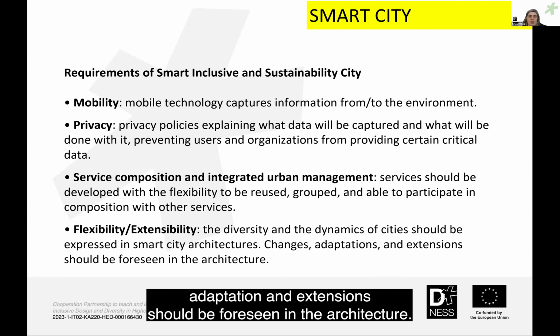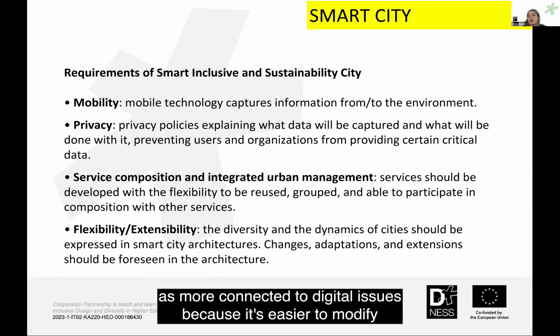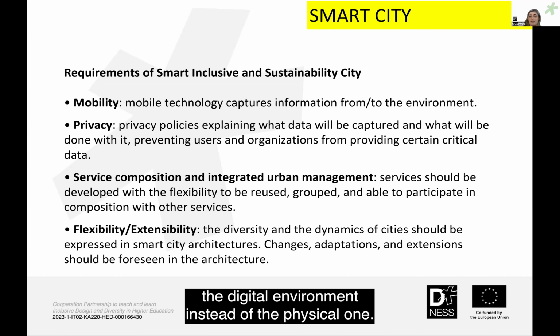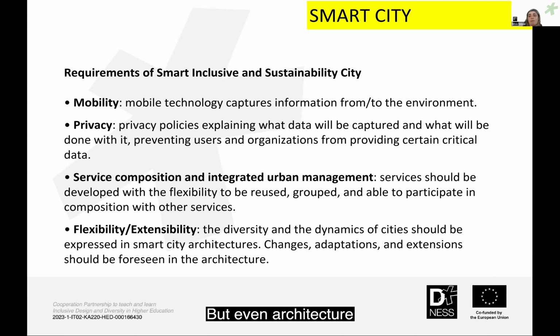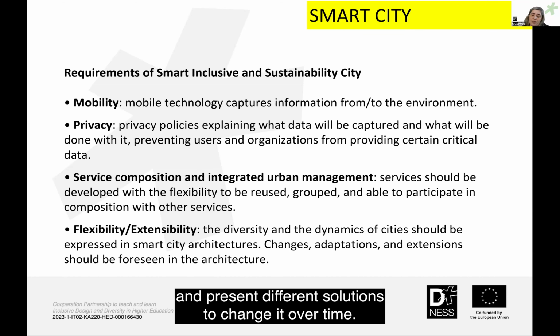Changes, adaptation, and extensions should be foreseen in the architecture. So we usually intend flexibility as more connected to digital issues, because it's easier to modify the digital environment instead of the physical ones. But even architecture can have the possibility to adapt itself and to present different solutions to change over time.